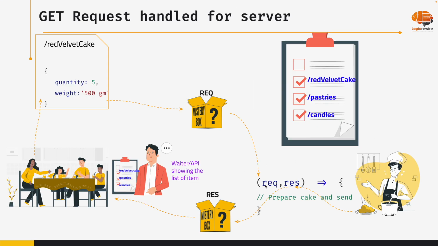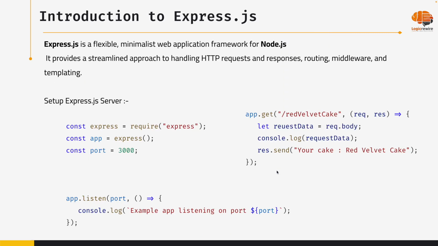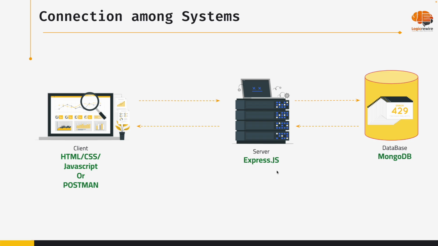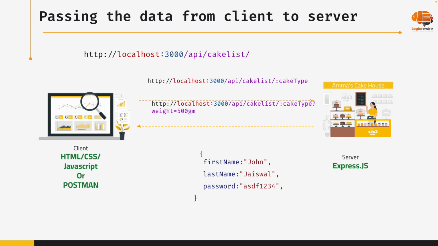Server has request and response: whatever data the client passes, the server can collect in the request, and whatever the server has to send as a response to the client, the server can keep in res. How the server will get and send, what type of data the client will send, and how the server will accept all those ways of data, everything is done using the request. So we are going to explore req and res in detail today. Understood what I'm trying to say?